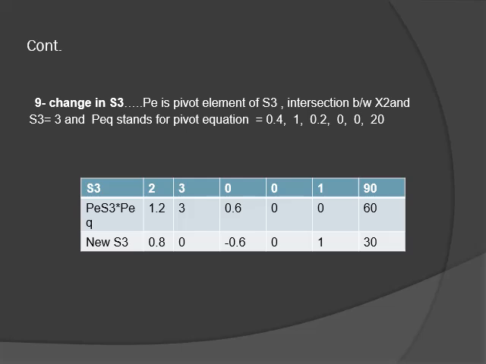This is the result of multiplication: 1.2, 3, 0.6, 0, 0, 60. The new S3 is 0.8, 0, negative 0.6, 0, 1, 30.